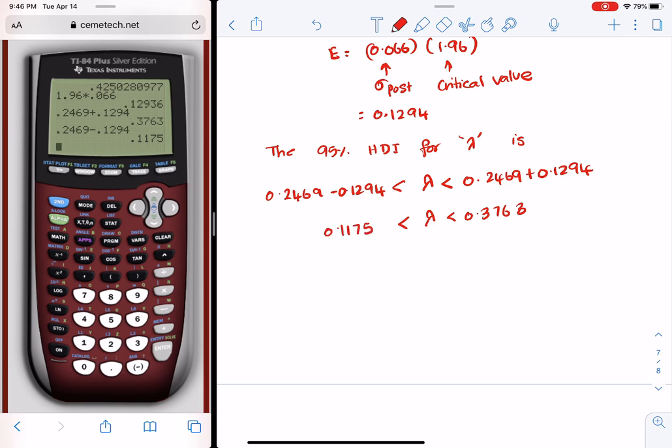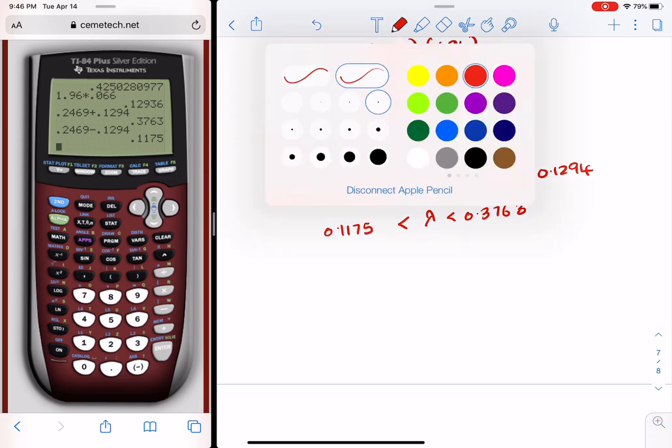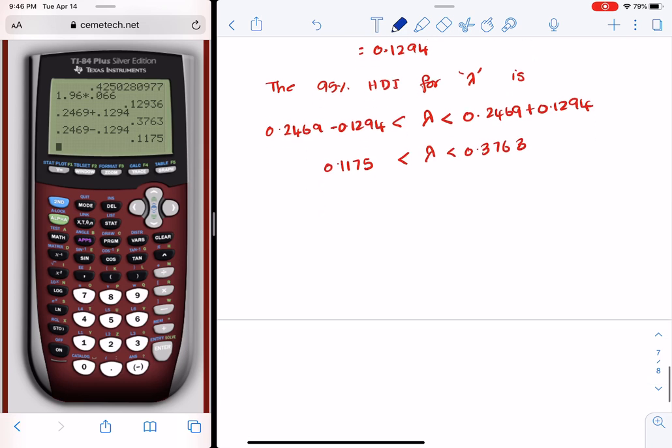Here is the big question that I wanted to ask earlier. So, we know we used the prior information and we came up with an interval instead of a single value. We're saying, well, there is a 95% chance now that we've brought in some subjective information. The value of lambda would be from 0.1175 all the way up to 0.3763.